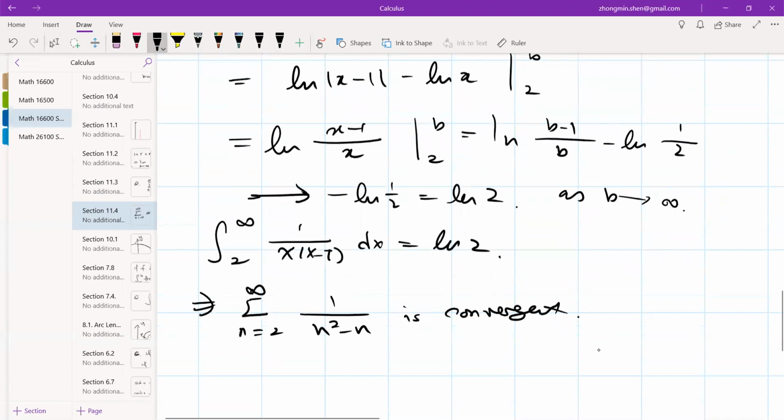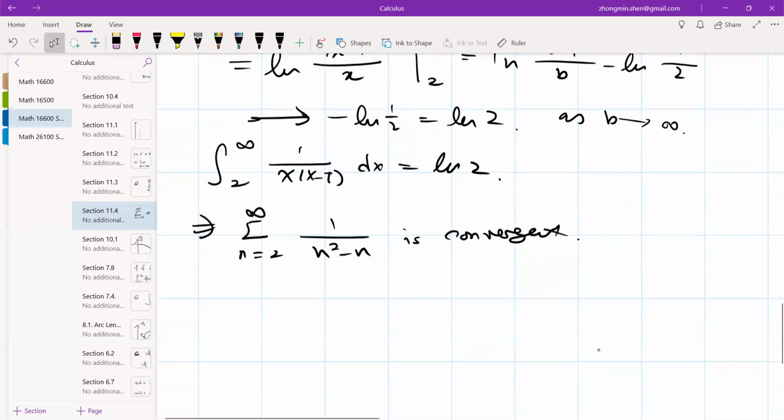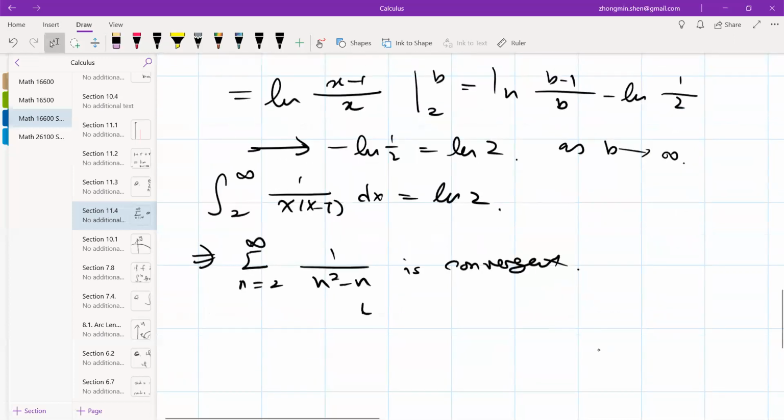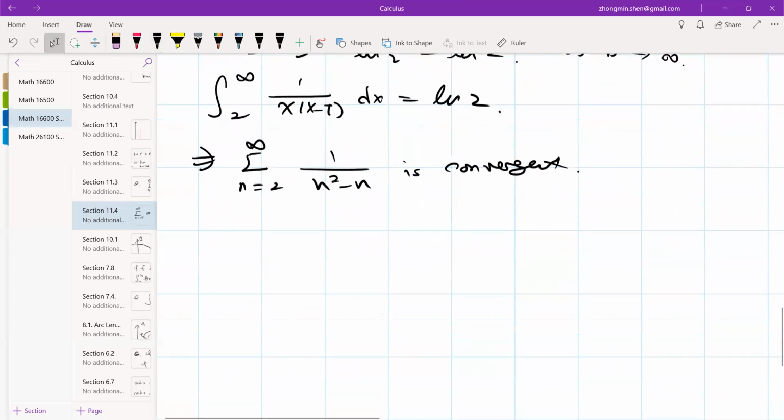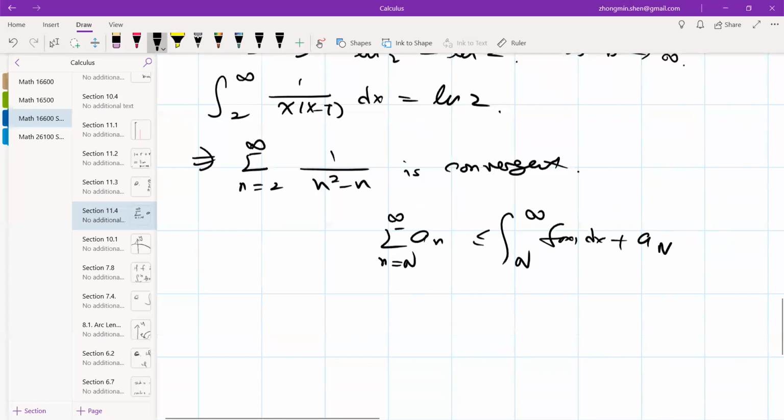You can also estimate the value, not only convergence. The estimate of the value is going to be between the integral and the first term. So the sum from n equals capital N to infinity is less than or equal to the integral plus the first term.